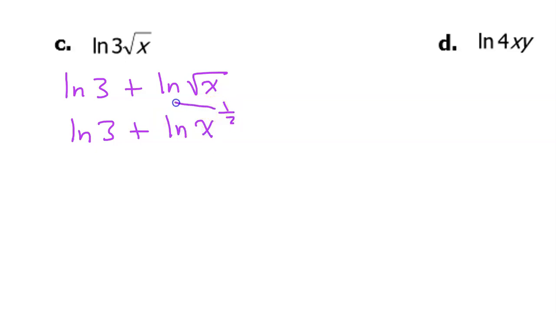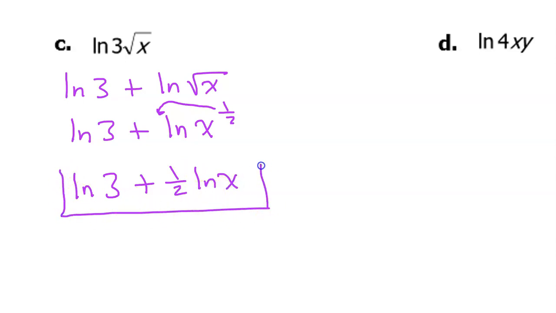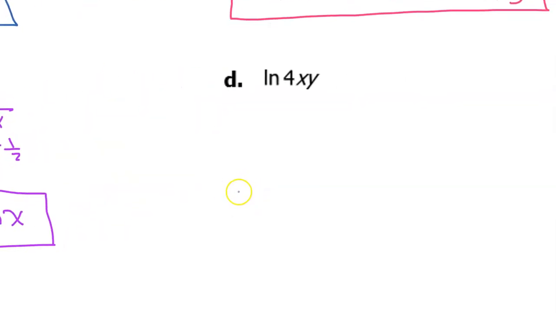Now I see that I can take that power and put it into the front. So the fully expanded form would be the log of 3 plus 1/2 the log of x. And it will not be fully expanded unless we put that 1/2 in the front. So that's mandatory. Let's look at problem D.